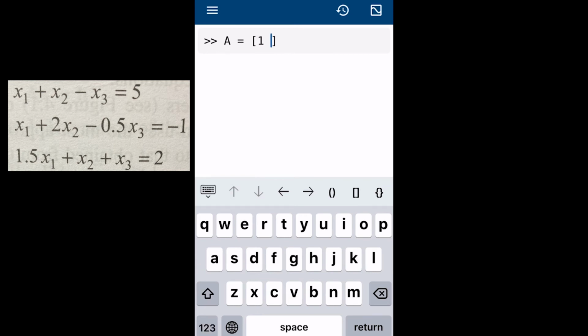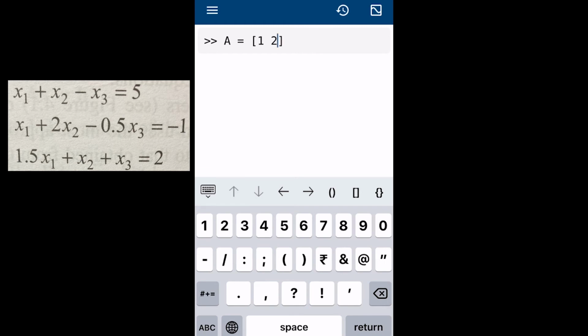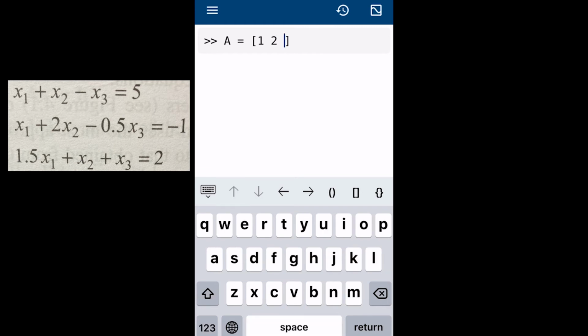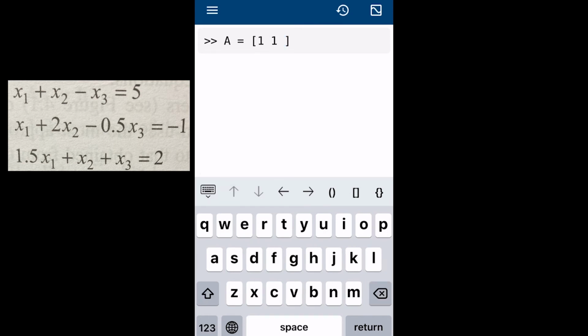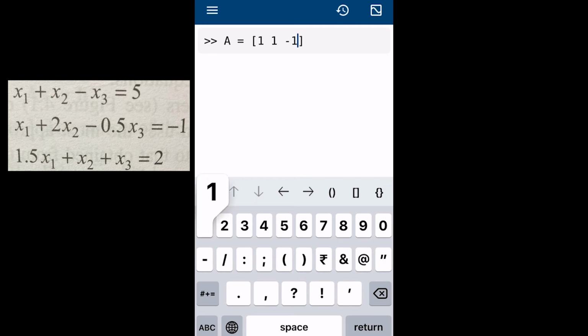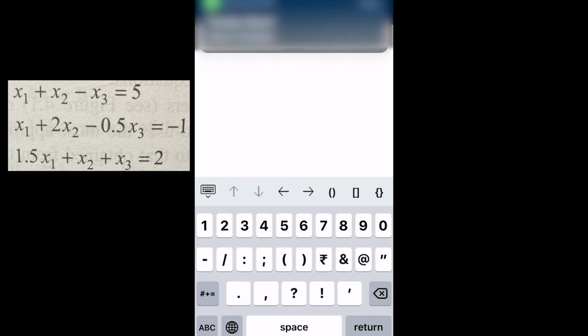What is the coefficient of x2? 1. And what is the coefficient of x3? It is minus 1, right? So this is the first equation, and first row. Now you go to the second equation, that is the second row, so you have to put a semicolon. Now you are in the second row.